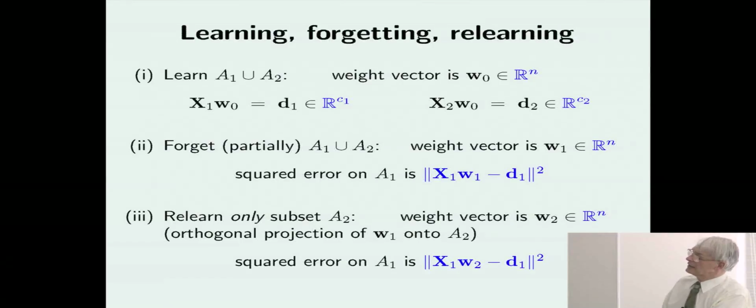So x1 acting on w0, the weight vector, is going to be d1, so it gets all the stuff in A1 correct, and similarly it gets all the stuff in A2 correct. Any input given by the columns of matrix x2 gives you the right output in terms of an entry of the vector d2. So after learning both bits, the weight vector is some w, call it w0.